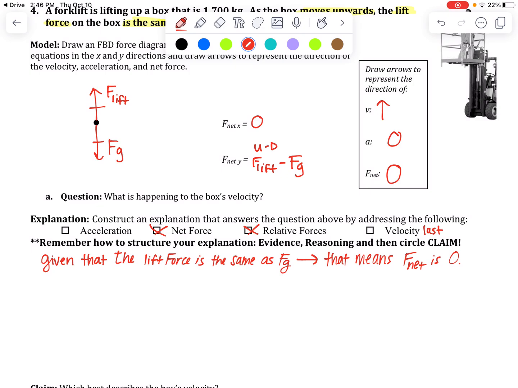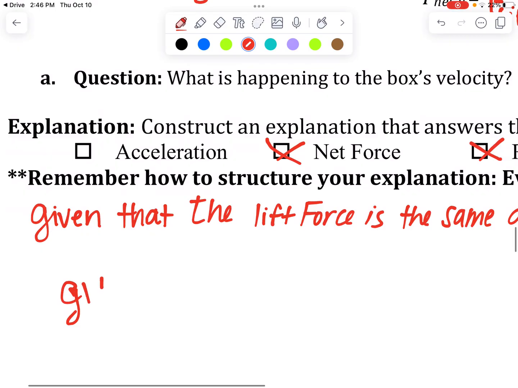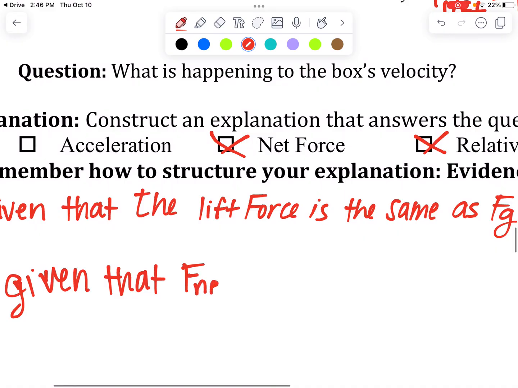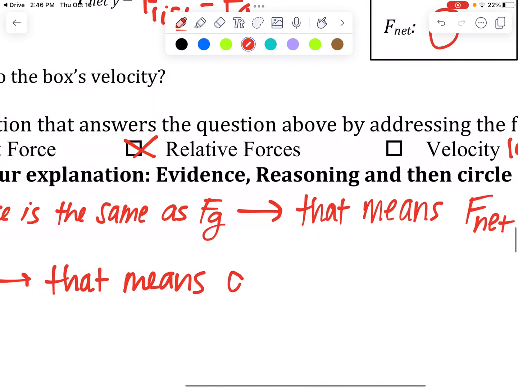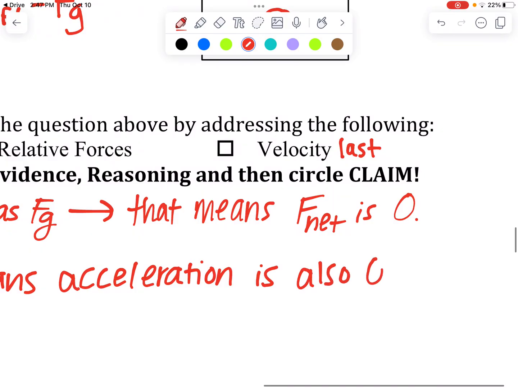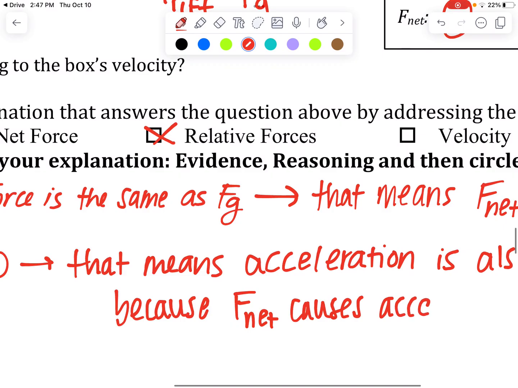So I must go to acceleration next if velocity goes last. So given that F net is equal to 0, that means acceleration is also 0 because net force causes acceleration.